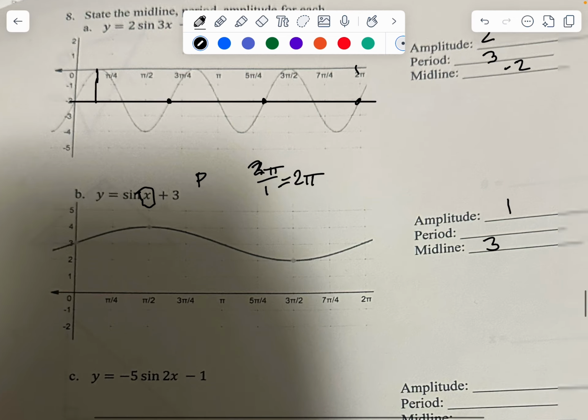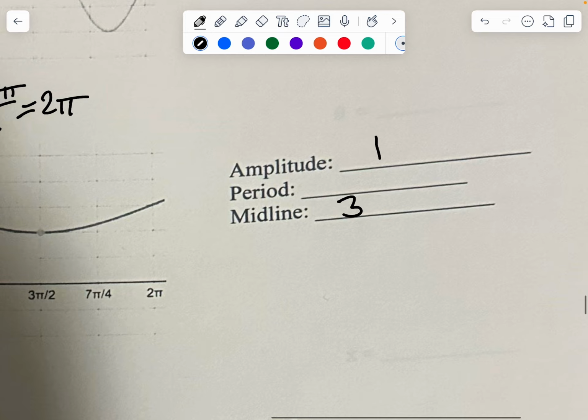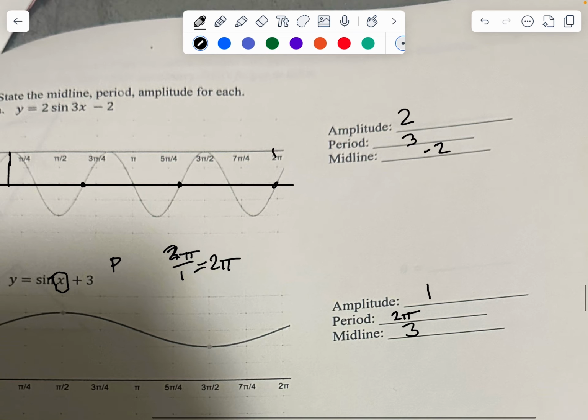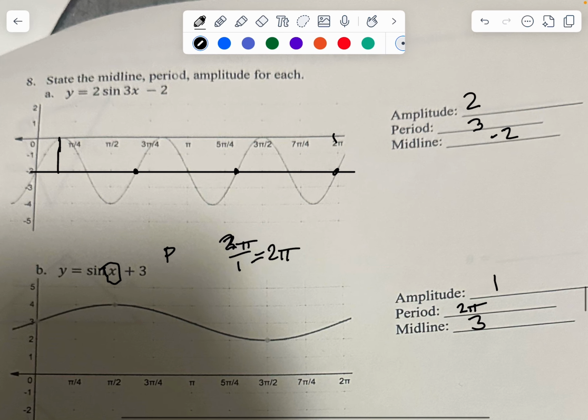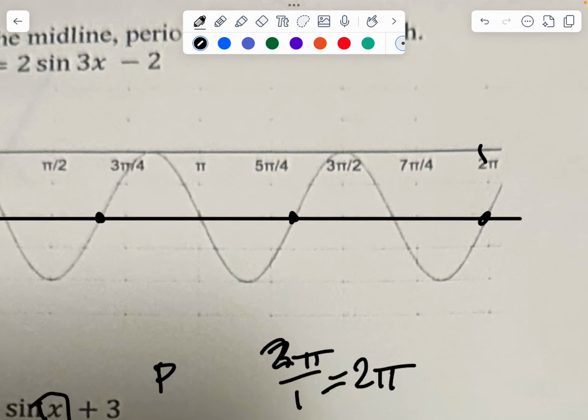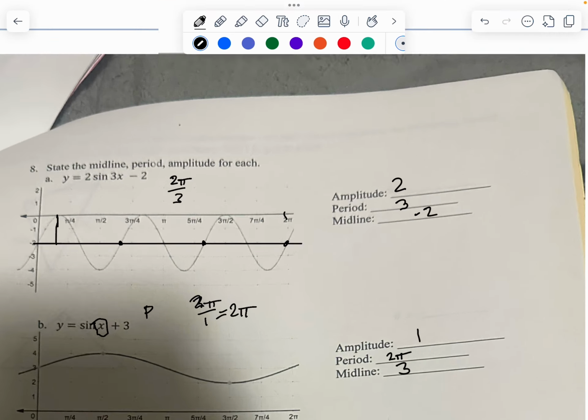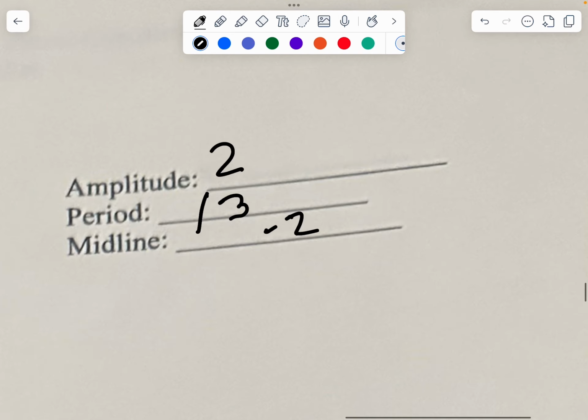So our period is 2 pi. I didn't do this period right. So we do 2 pi divided by 3. That's my bad.